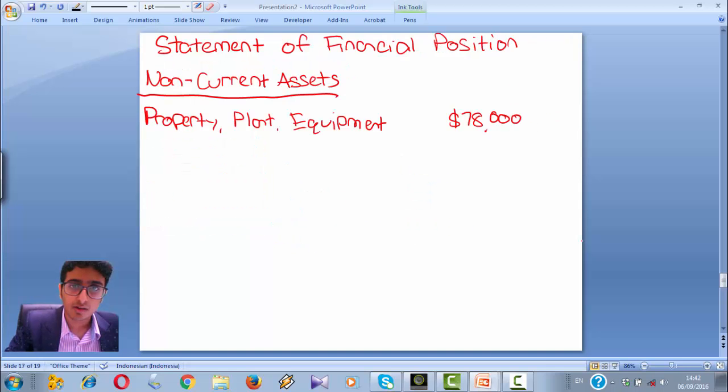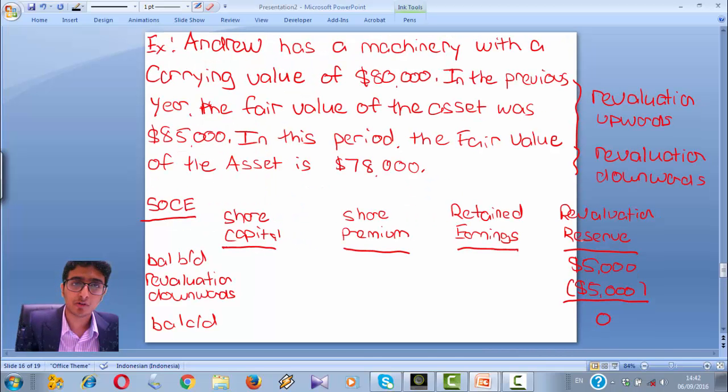Okay. The value of our asset has gone down by $7,000, but our revaluation reserve only had $5,000. That means we do not have enough, or we are not sufficient enough to deduct everything from the revaluation reserve. Our revaluation reserve only has $5,000.